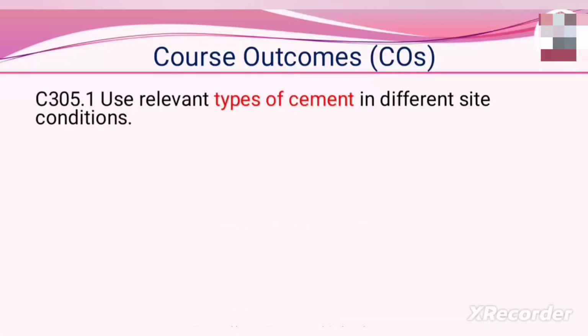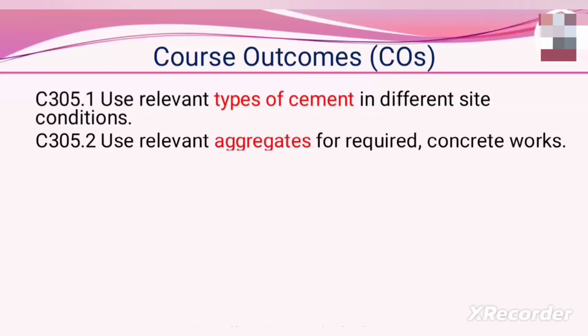Course outcomes. First course outcome is use relevant types of cement in different site conditions. The student will attain this outcome after learning Unit 1. Second course outcome is use relevant aggregates for required concrete works. Similarly, student will attain this course outcome after learning Unit 2.